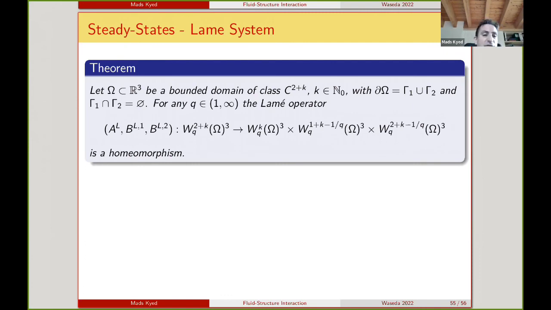Probably you know even from lectures at Waseda that this is the case. And then I have two homeomorphisms in the L^P Sobolev setting. In this case, the fluid structure coupling reduces to a relatively simple fixed point type argument, and then I get a solution to the steady state system. Now, to be honest, I don't know if I finished.